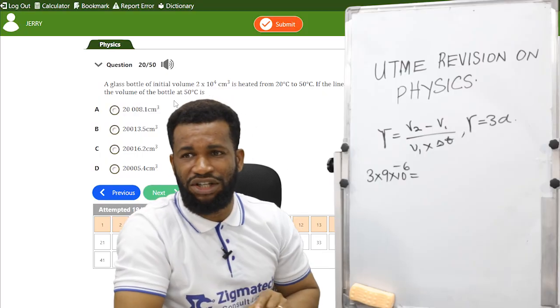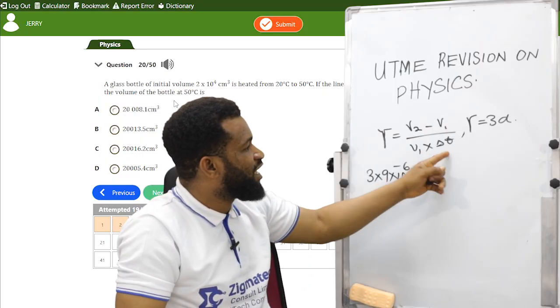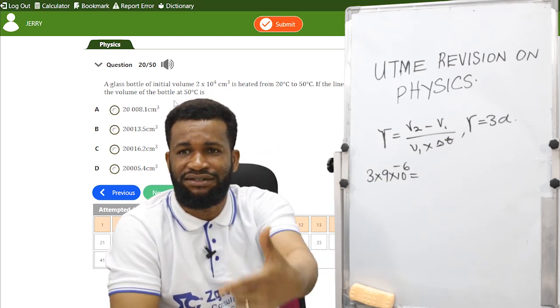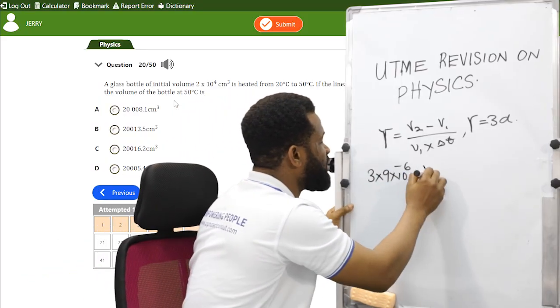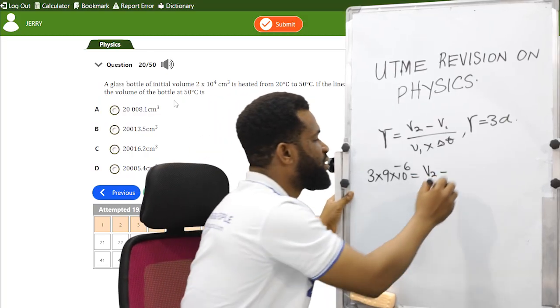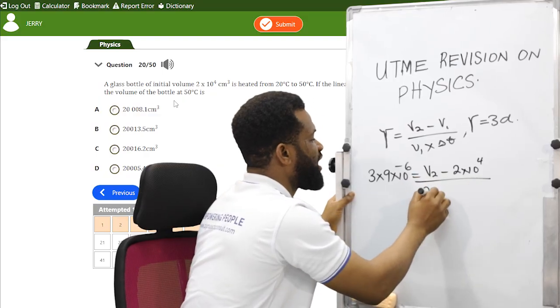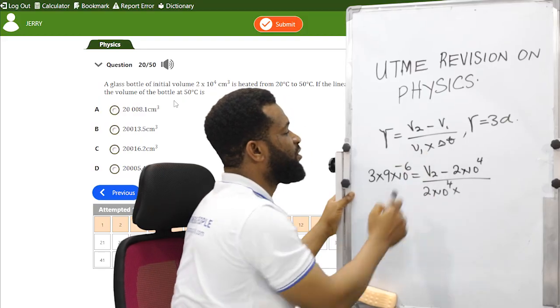The question is, what are we looking for? What we are looking for is the volume at 50 degrees, which is the volume after the expansion. So it is V2 we are looking for. V2 minus V1, which is 2 times 10 raised to power 4, all over 2 times 10 raised to power 4, times the change in temperature.